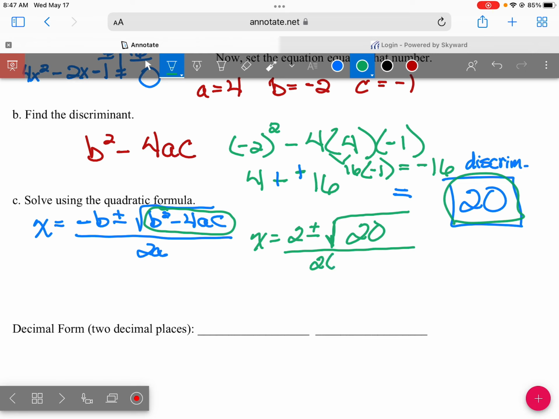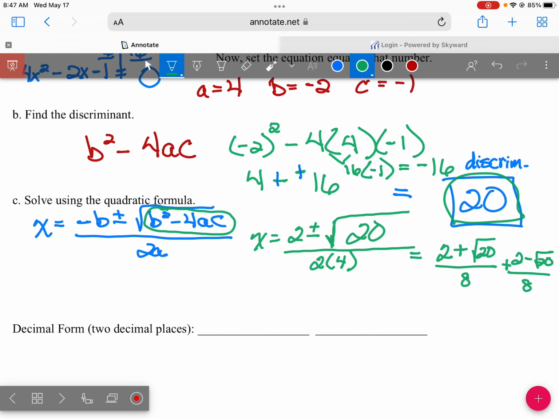A is 4, so I substitute in 4. So that means x is going to be equal to 2 plus the square root of 20 divided by 2 times 4, which is 8. And it's going to be 2 minus the square root of 20, all divided by 8.